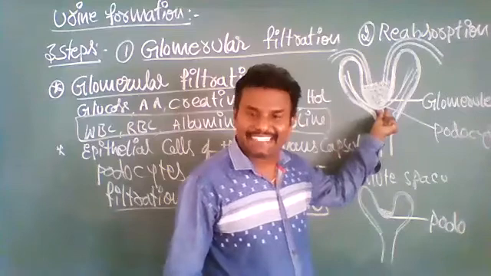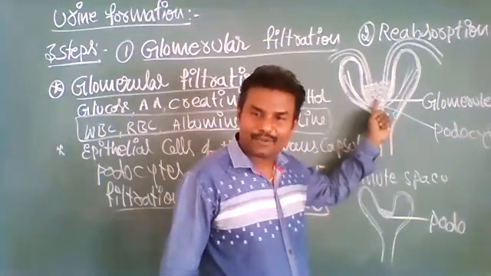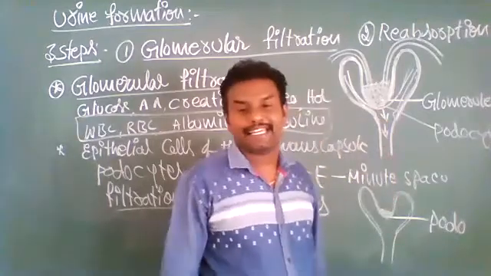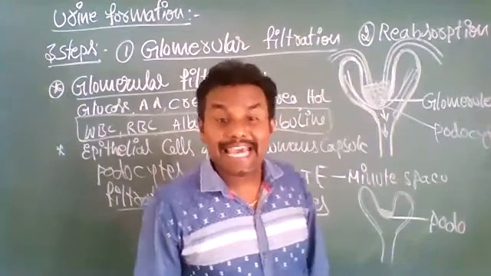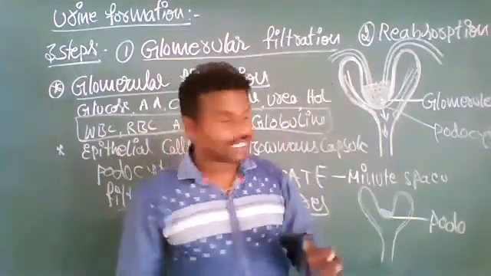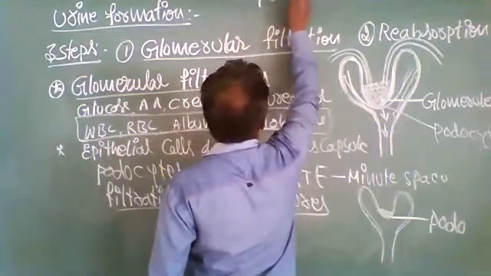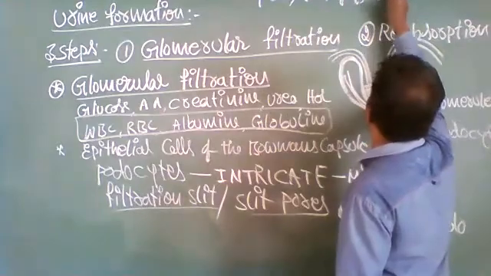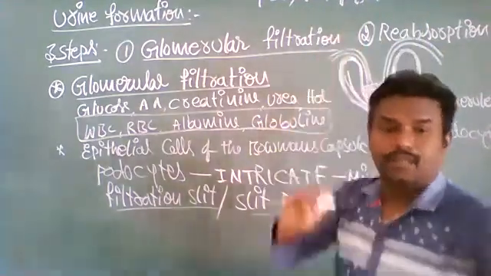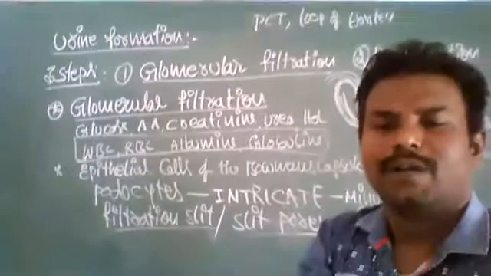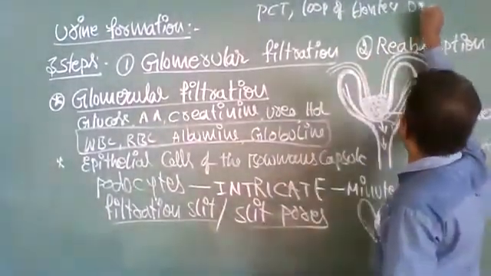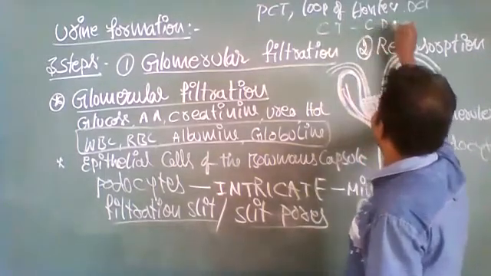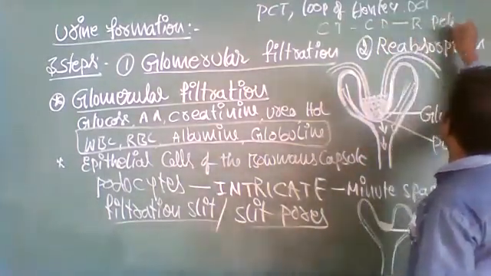These filtrates from the glomerulus and Bowman's capsule pass posteriorly to the renal tubules such as the proximal convoluted tubule, loop of Henle, distal convoluted tubule, collecting duct, and renal pelvis.